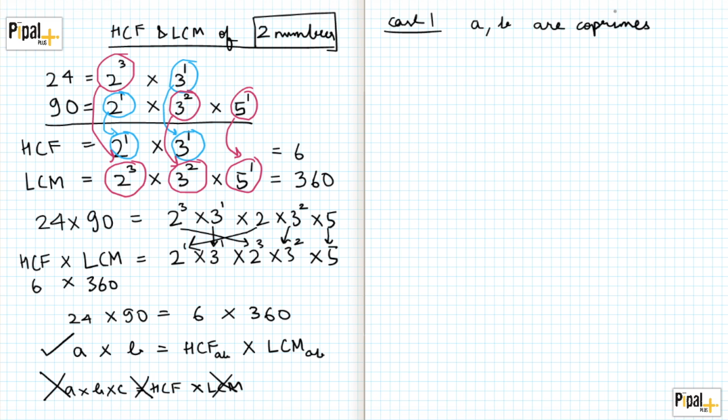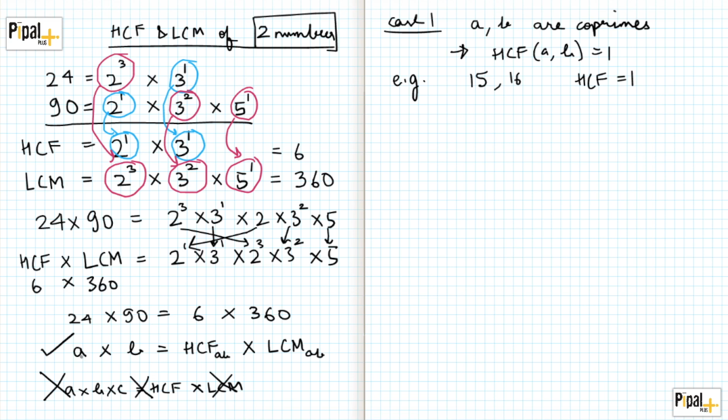Another way of expressing co-primes is that A and B have no factors in common except one, which means that the HCF of A and B is 1. So I'll take an example. Let's take 15 and 16. For these numbers, their HCF is 1.